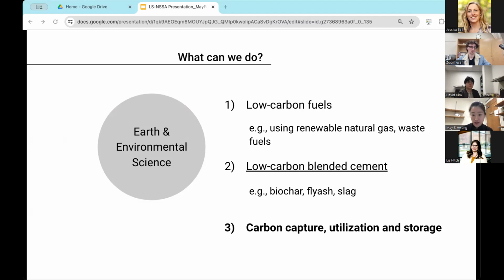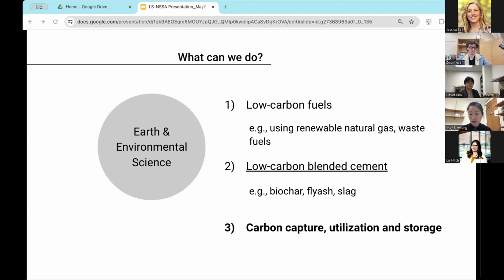And the second way is to use low carbon blended cement. Mixing cement with biochar is also known to improve its structural stability and strength. We can also mix it with fly ash, which is a byproduct of coal-fired power generation. We can also mix it with slag, which is a byproduct of iron manufacturing.